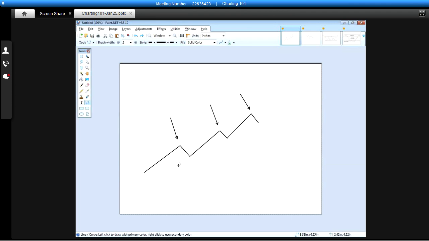So what they would do is connect these lows to kind of show a trend line. This is obviously something I've drawn, but it does happen often in a price chart where the price will come down and come down again, and now you've got 2 points, so you can draw a line, and you'll also often find that the price will come back and retest that line before it continues on.